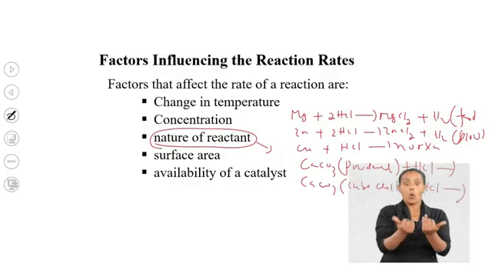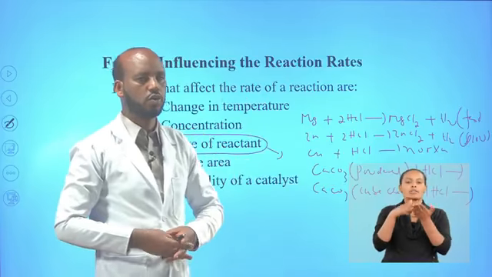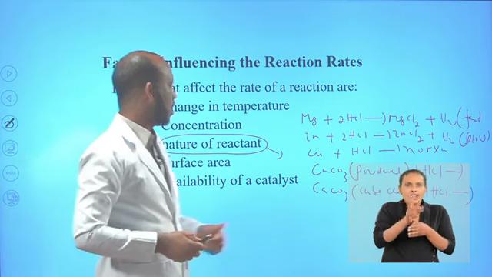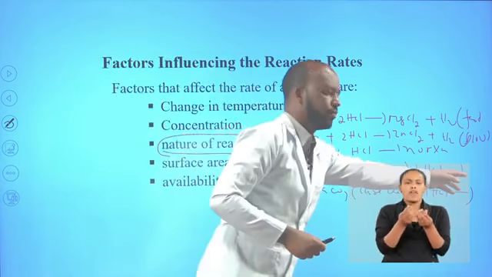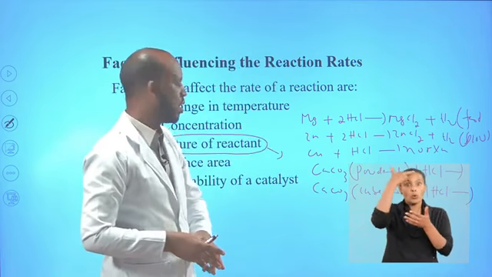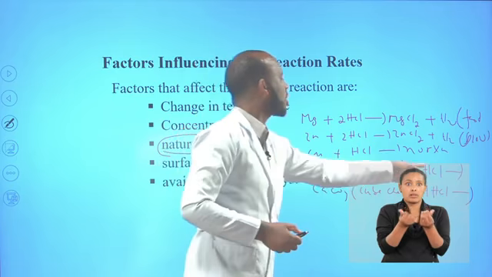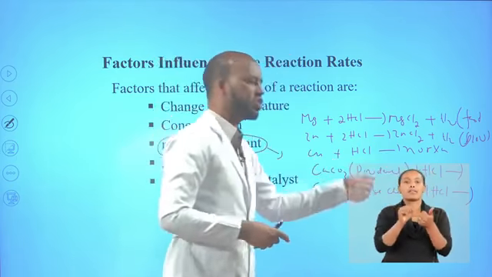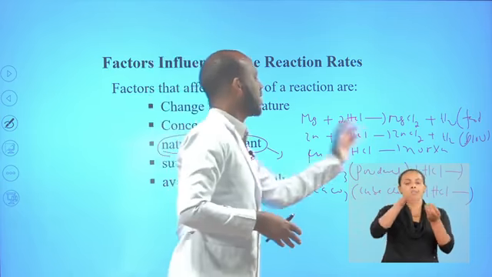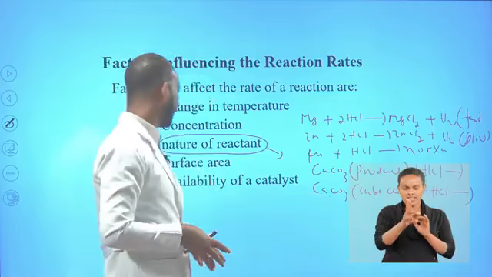Compare rate of the reaction for these two reactions, which is faster? Powdered calcium carbonate plus hydrochloric acid is the fast reaction because more powdered calcium carbonate can contact with hydrochloric acid. As surface area of reacting particle increases, rate of the reaction also increases. It is a faster reaction than this.